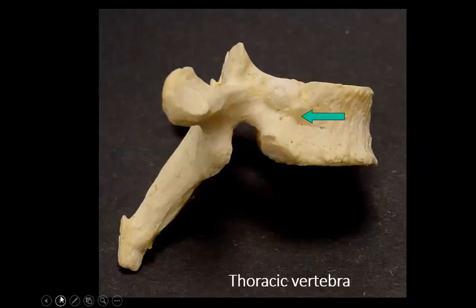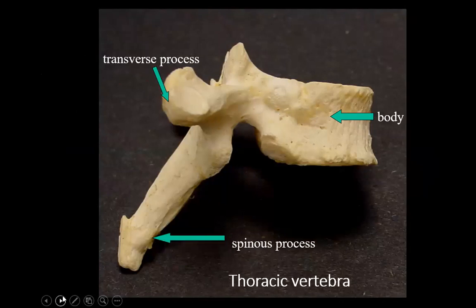Okay, so this is our thoracic vertebrae. There's the body, there's the transverse process, there's the spinous process, there's the superior articular surface, and you're going to have an inferior surface sitting on top of that. Your inferior surface is going to be sitting right here at this spot. There's the superior surface.